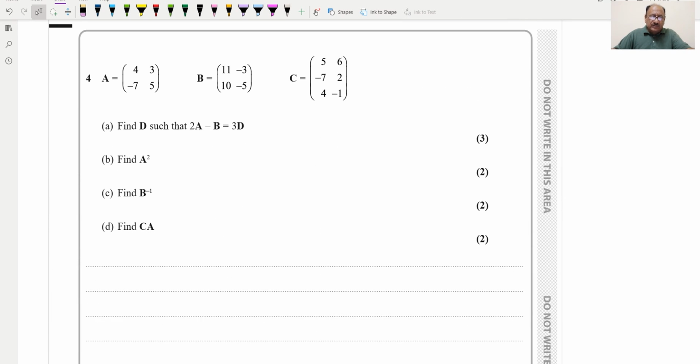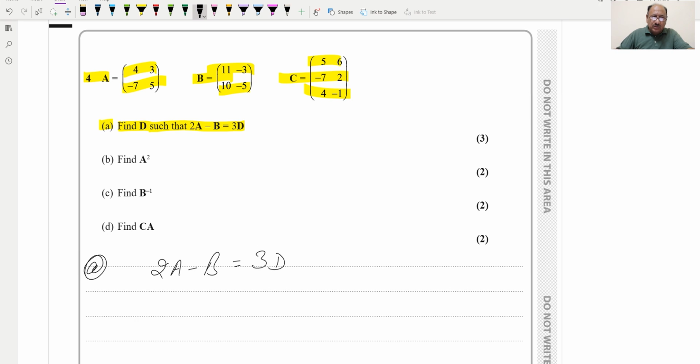A matrix, B matrix and C matrix are provided. Part A: find D such that 2A minus B is equal to 3D.